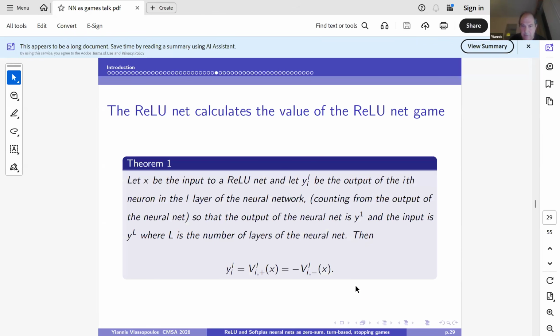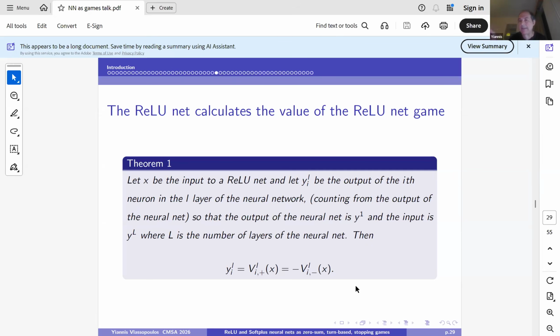Okay, so this is the theorem. If you have a ReLU net and the input is x, this tells you the output of every single neuron, not just the last row, every single neuron. If you look at the corresponding max state, the value of that max state is equal to the output of that particular neuron.